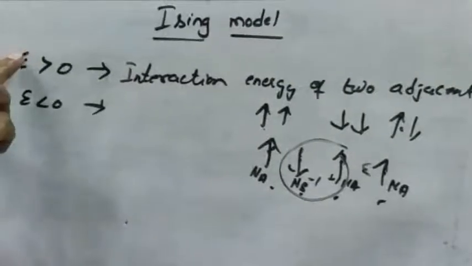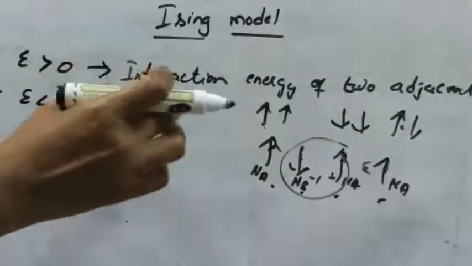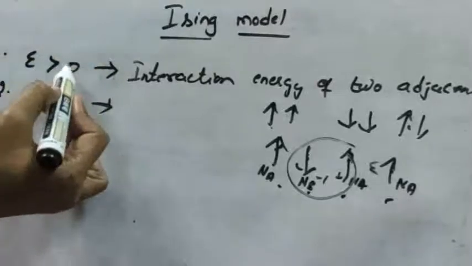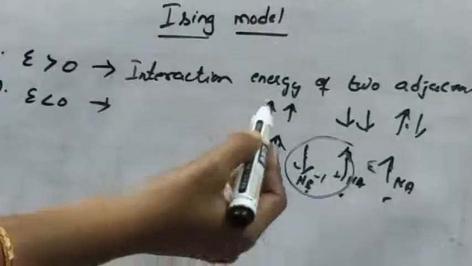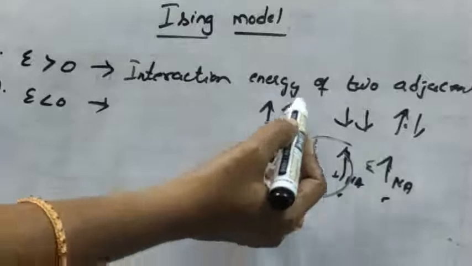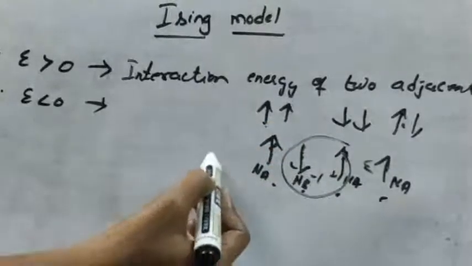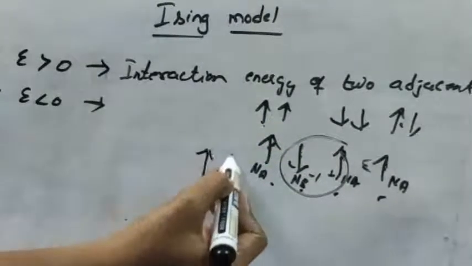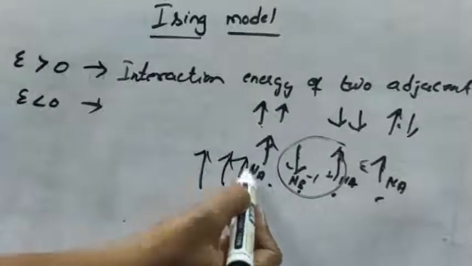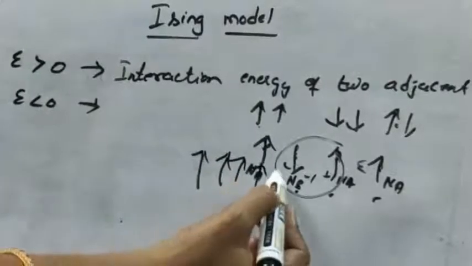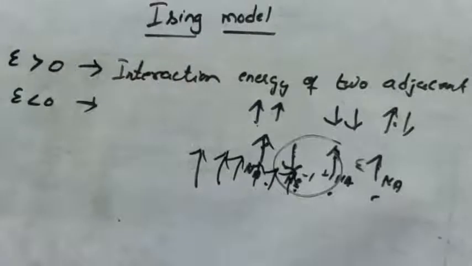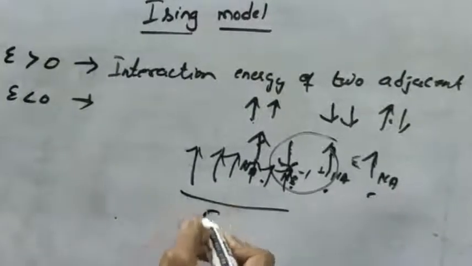If epsilon is greater than 0, that means the interaction energy is greater than 0, then the spins of all molecules tend to align parallel to each other. This leads to ferromagnetism.